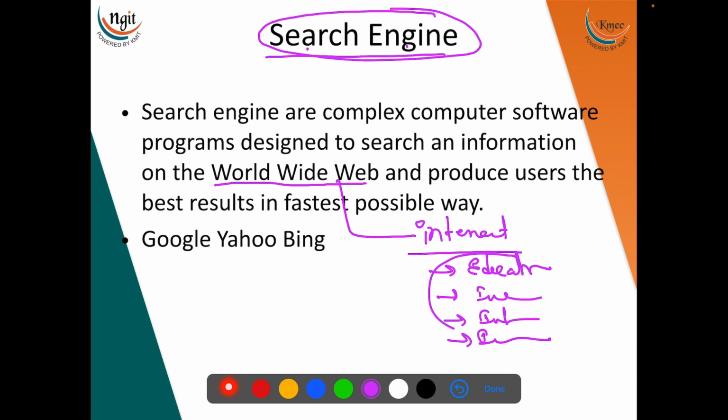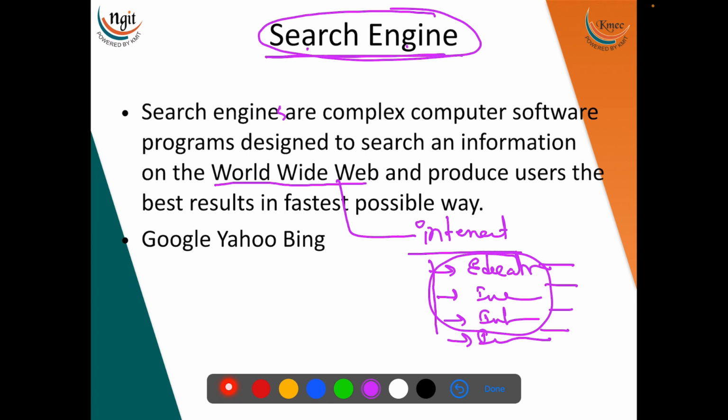That means everything is in the internet. If I wanted to search something, I have to give access to all the contents available in the internet. Now you need some process which gives you allowance to search the content inside these websites, correct?